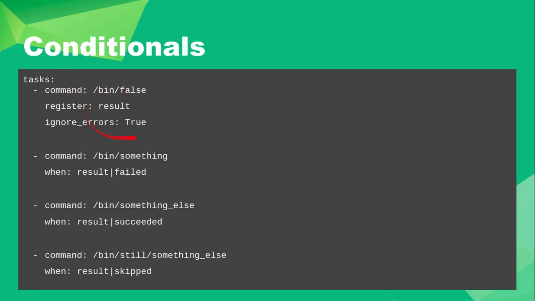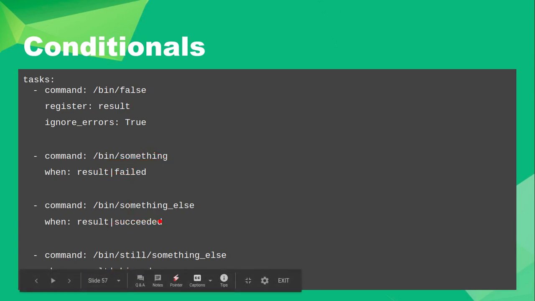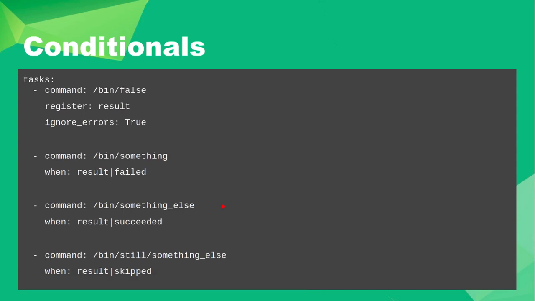If this task is failed, do this task. If the task is succeeded, do this task. And if the task is skipped, do this task. So this way you can say, if true, do this, if not true, do this. So this way we can have a nested if-else statement as well.